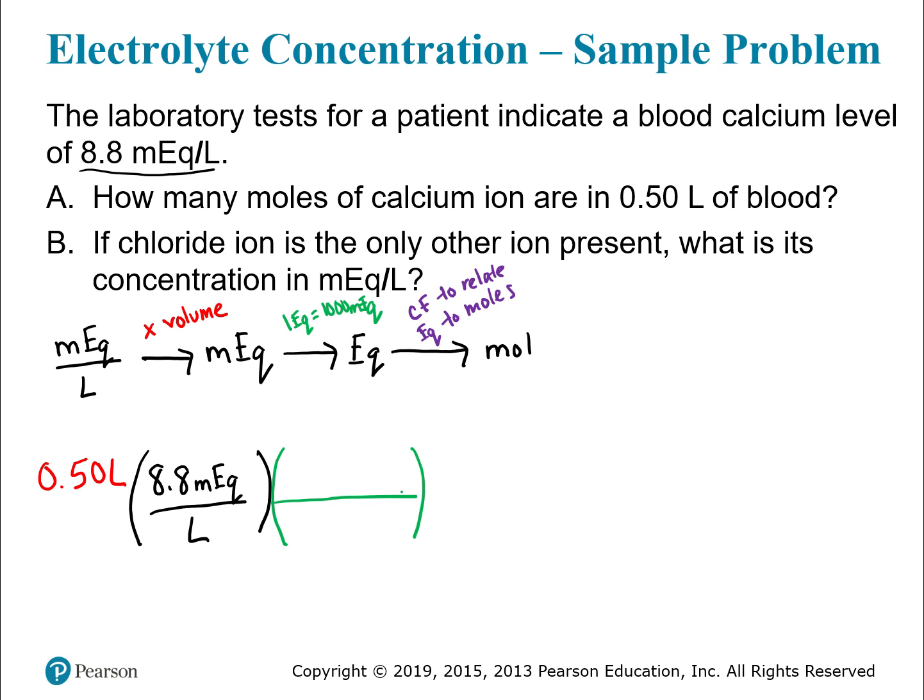Now we need to write a conversion factor from the equality to go from milliequivalents to equivalents. That way, with milliequivalents on the bottom, we can cancel out the milliequivalents and be left with equivalents.